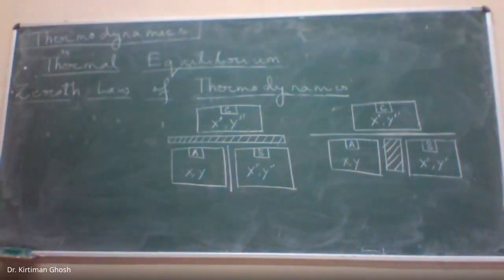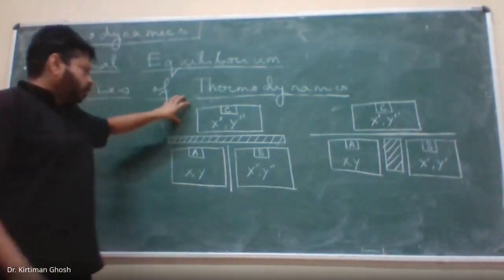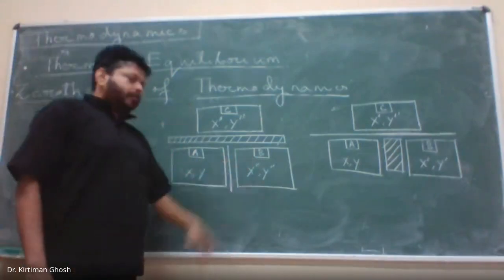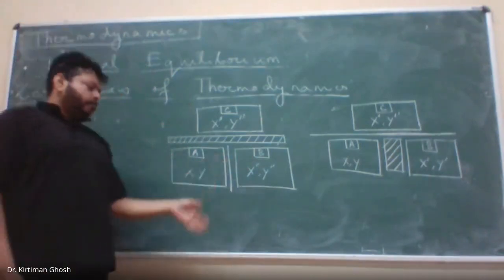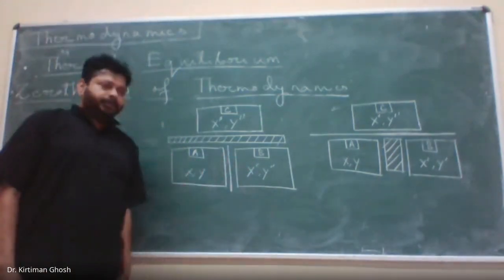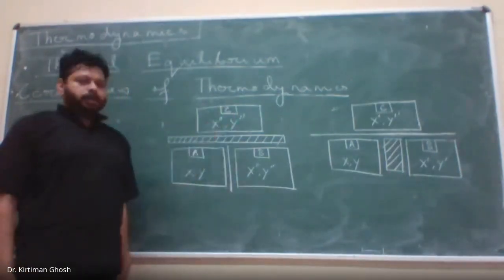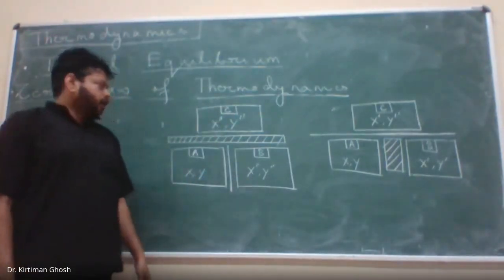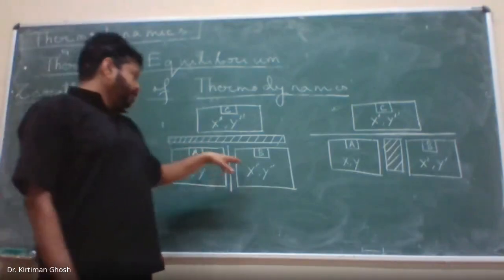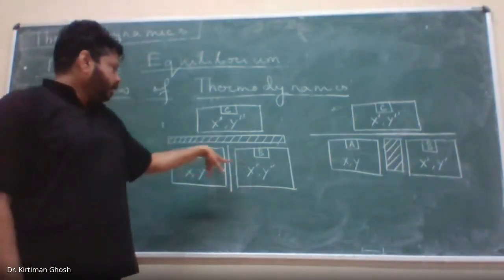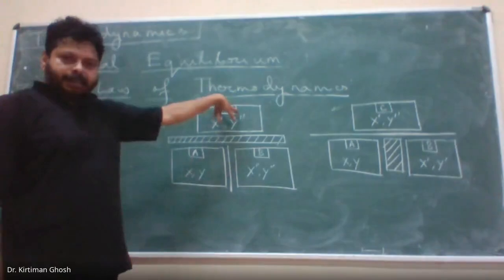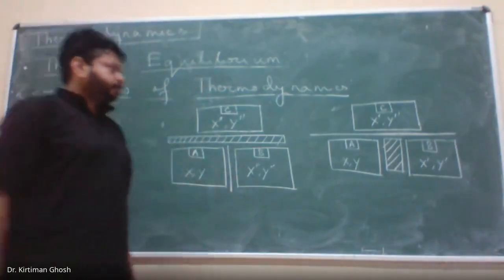Okay, so you can see these two situations. In situation one, A and B are in thermal contact, right? After some point of time, they will achieve thermal equilibrium, but they are not in thermal contact with system C. So A and B are in thermal equilibrium, but they are not in thermal equilibrium with C. This is situation one.